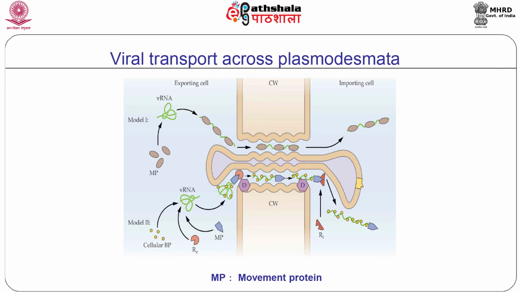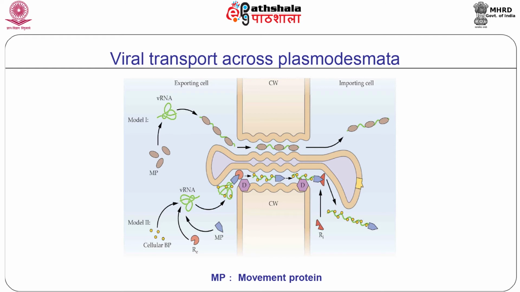Movement through plasmodesmata may allow transcription factors expressed in one cell to move into an adjacent cell, thereby regulating gene expression non-cell autonomously.